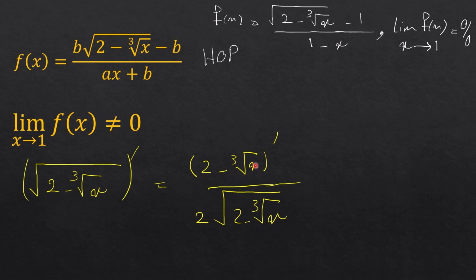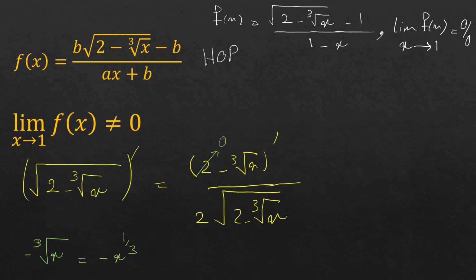And now it's time to calculate the differentiation of this. For 2, it's 0, so I can ignore it. And then we have minus the third root of x. Applying the rule, this equals the differentiation of x, which is 1, divided by... well, it's more understandable if I write this as minus x to the power of 1 over 3.